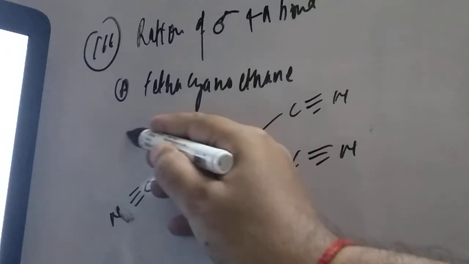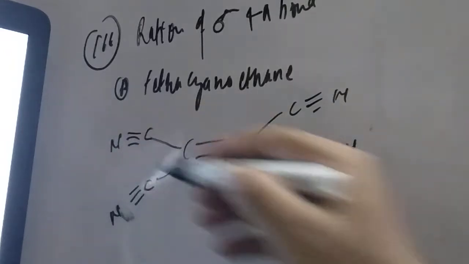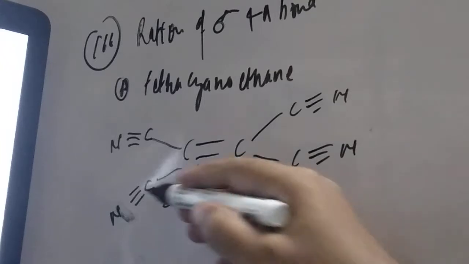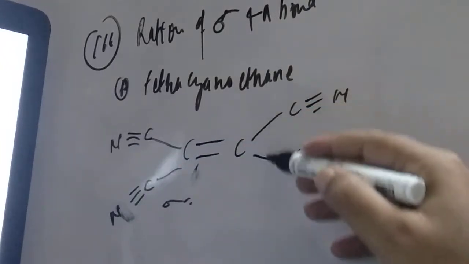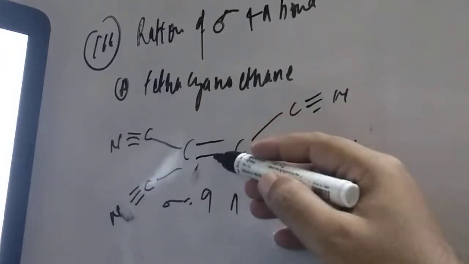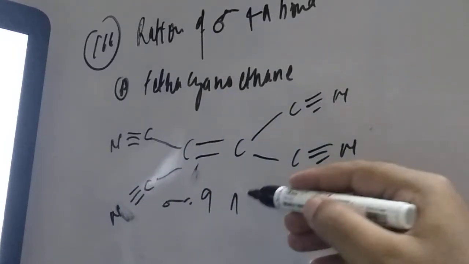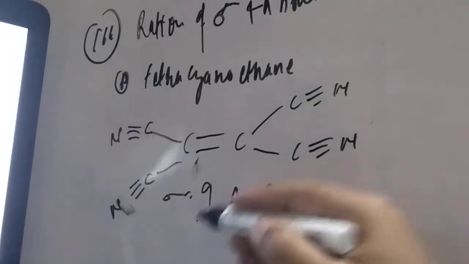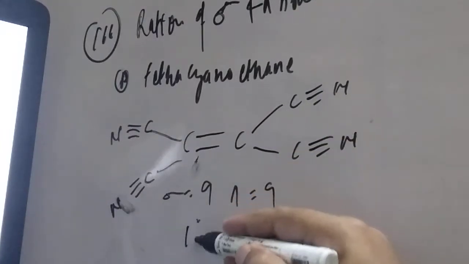Here is also C triple bond N. So how many sigma bonds are coming, student? 1 2 3 4 5 6 7 8 9. Sigma bond is 9. Pi bond is also 9. So the ratio is 1:1.